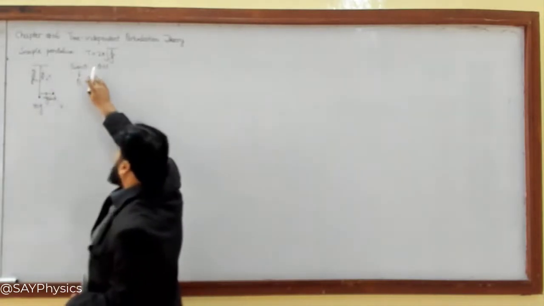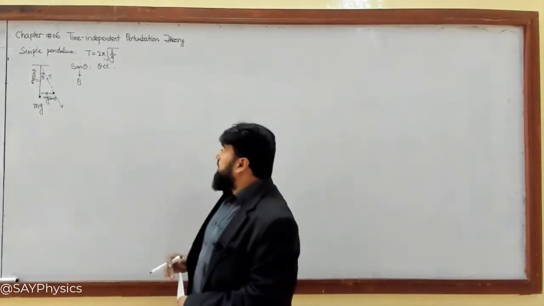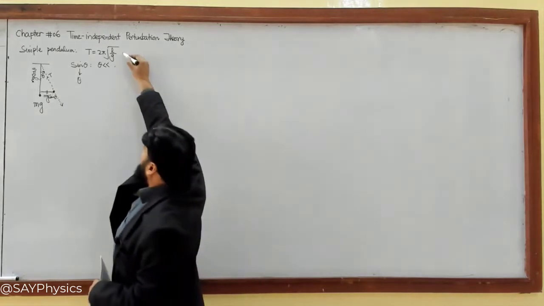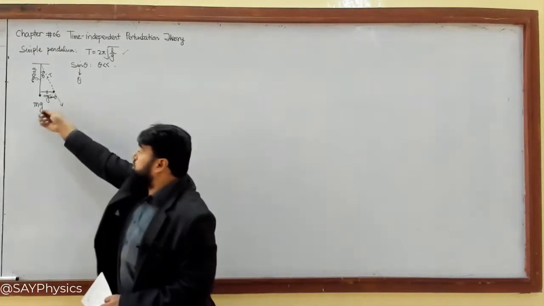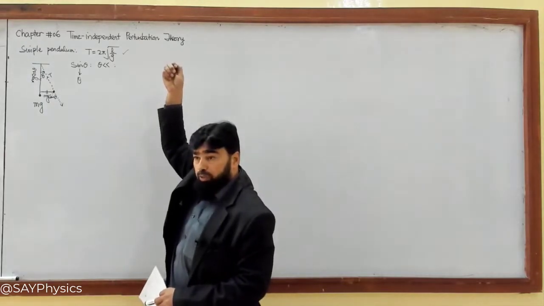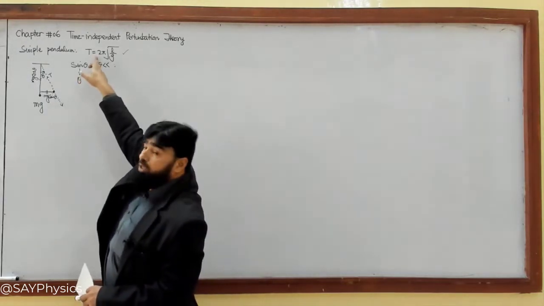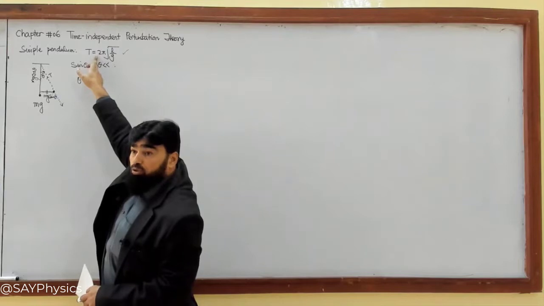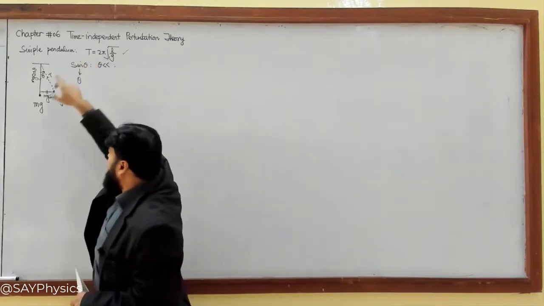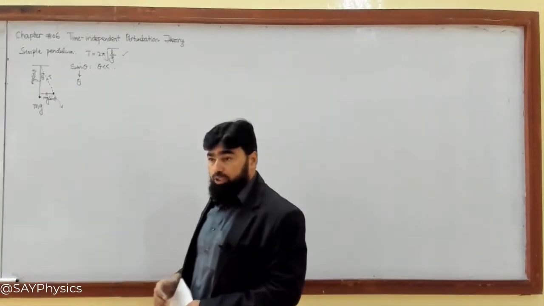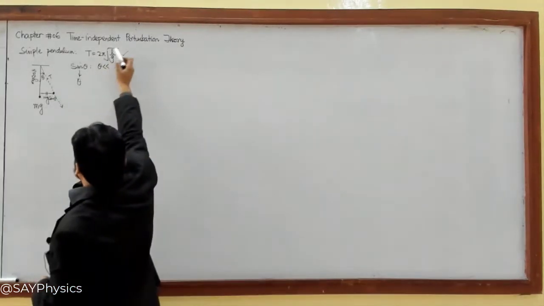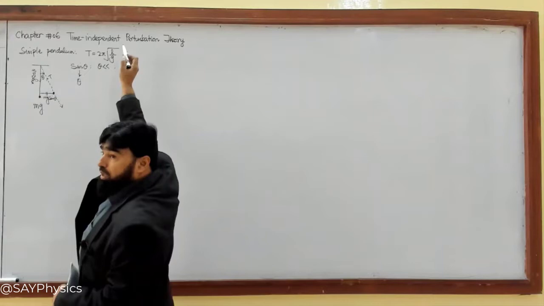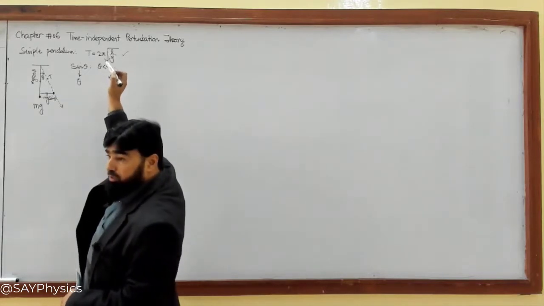And due to that approximation, we say that the time period is equal to this. Now if you give a much larger oscillation to this pendulum, then this equation will not work, because we derived it after this approximation. That's the reason that perturbation is a very small amplitude disturbance.